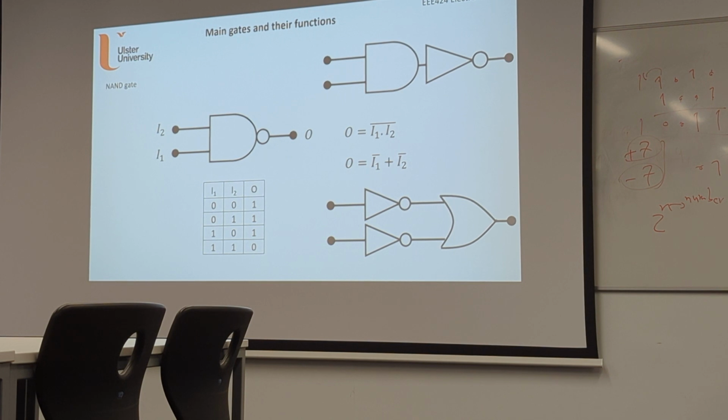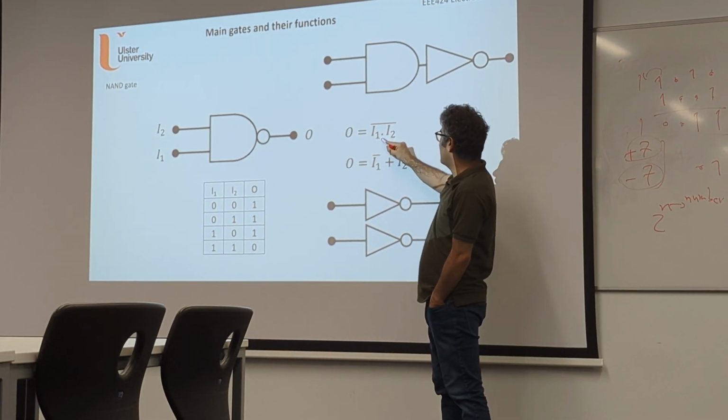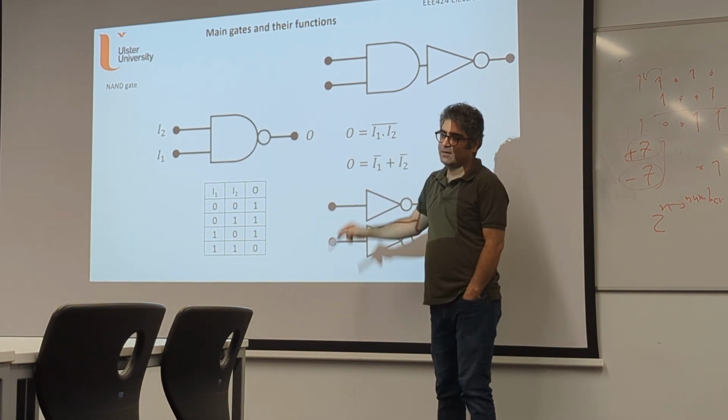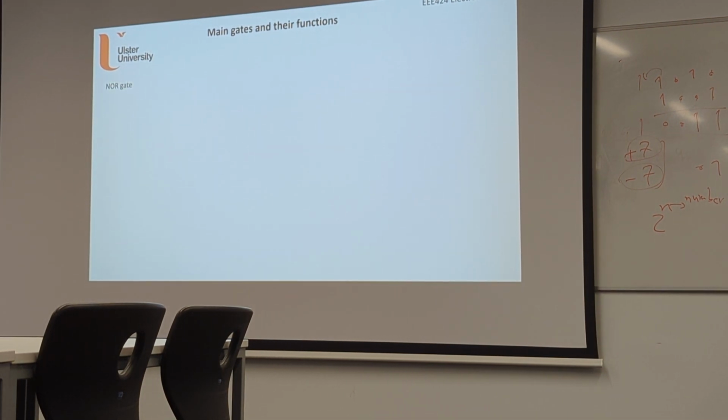Here we can extend that, then it would be I1 not plus I2 not. Why? Because the inverse of AND would be OR. Okay? It's important.